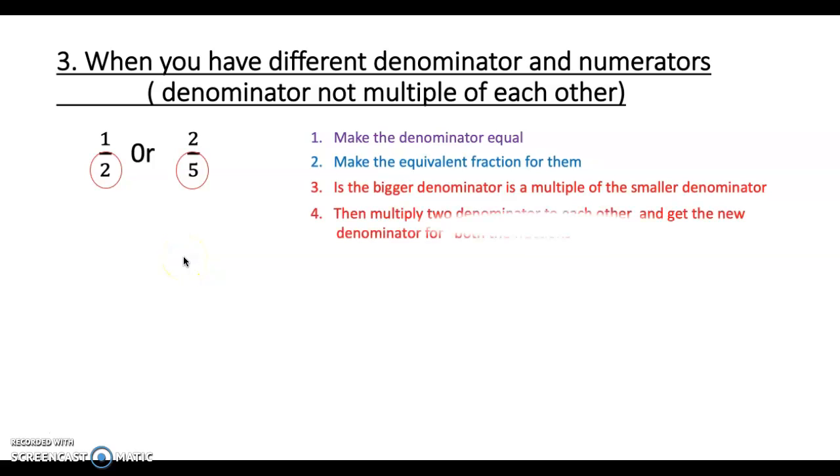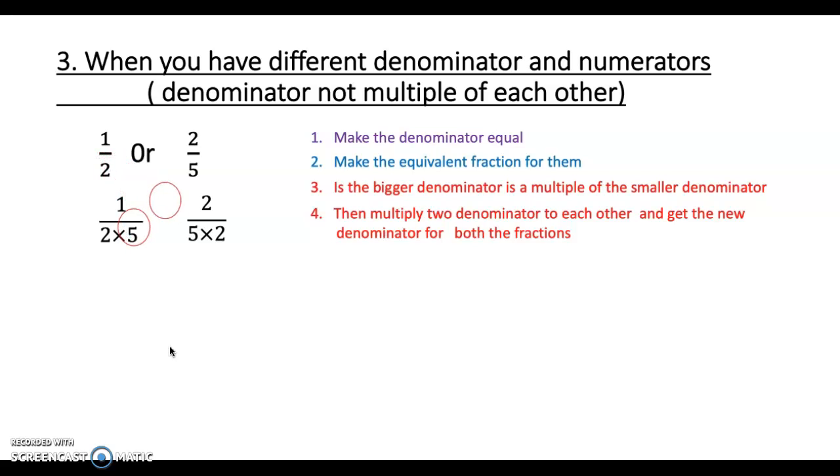So what you have to do is multiply each other. That means 2 multiplied by 5, and 5 multiplied by 2. So the 2 is multiplied by 5, and then 5 multiplied by 2, like this. It's kind of cross multiplication.